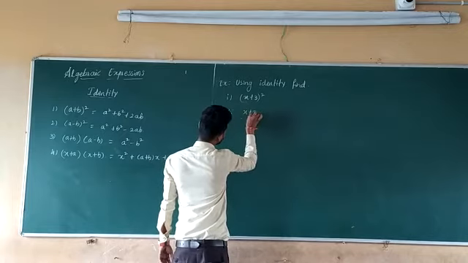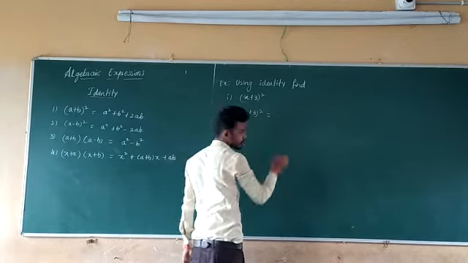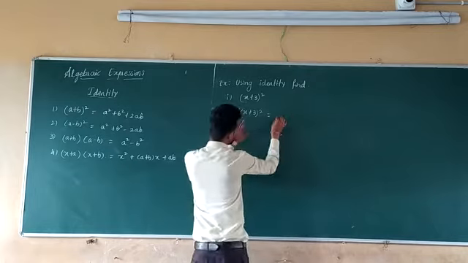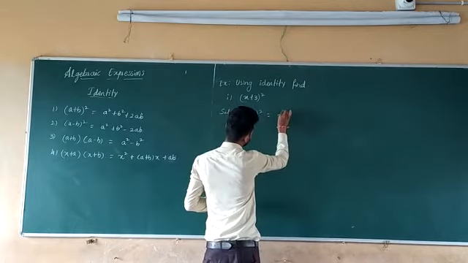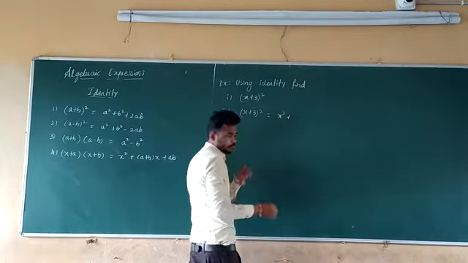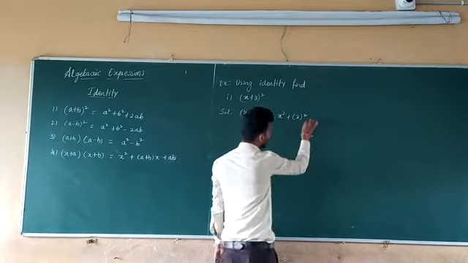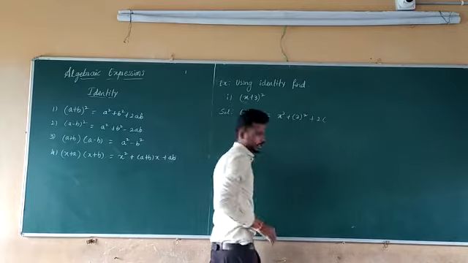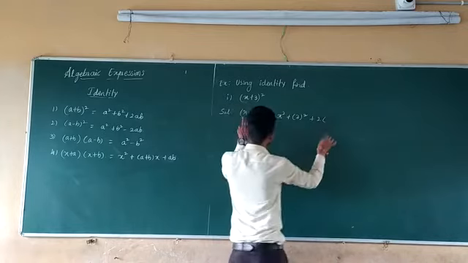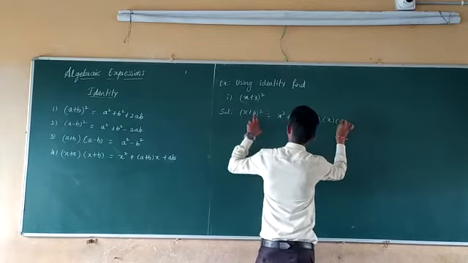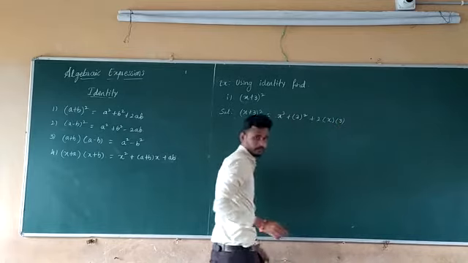So (x + 3) whole square equals a square, a means x, so x square, plus b square means 3 square, plus 2ab, a into b, x into 3.